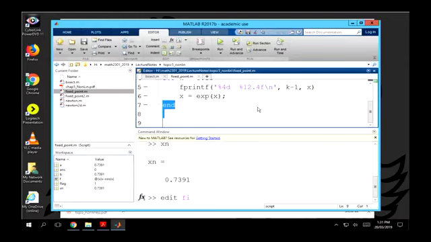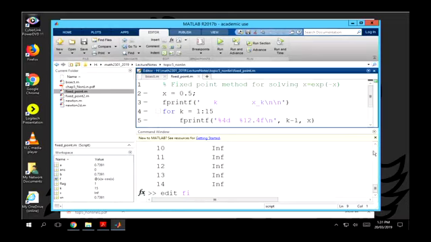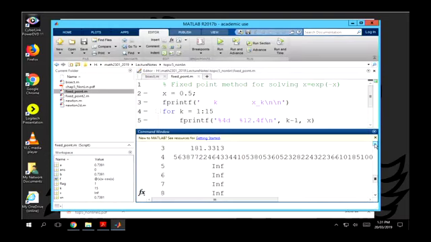And then now I just run it. And you can see that after 5 iterations, it becomes infinity already. You see? You can use just a pocket calculator and check it. You plug in x, e to the x, and e to the x.